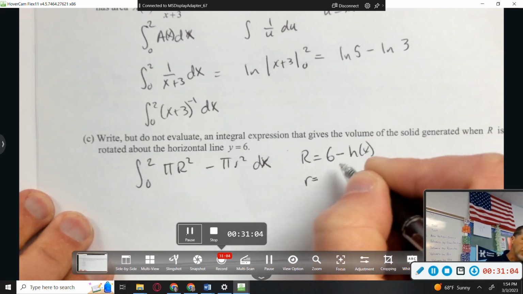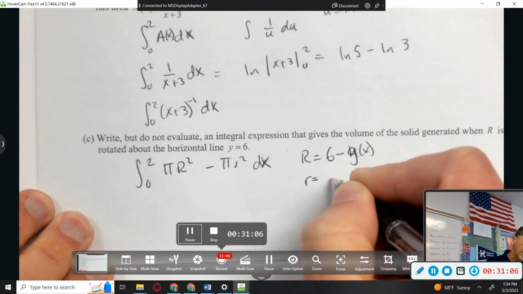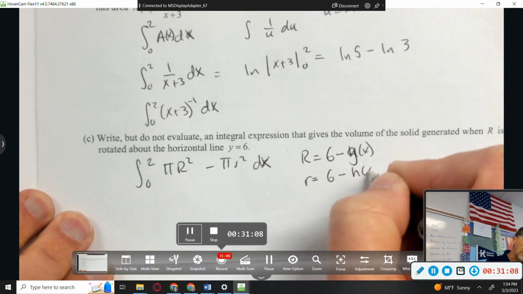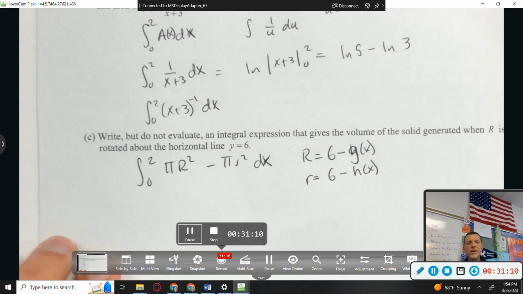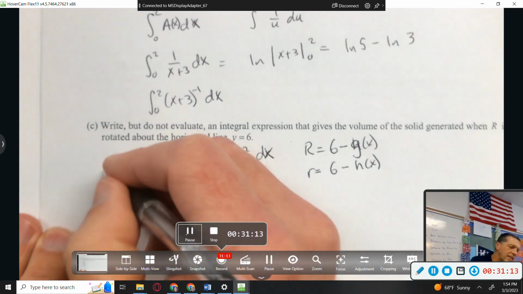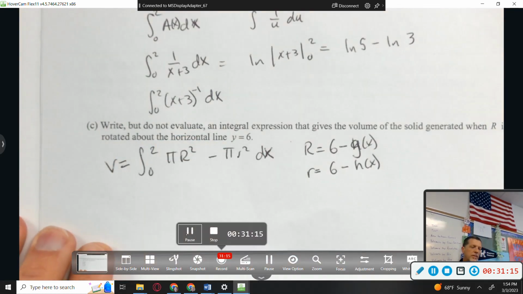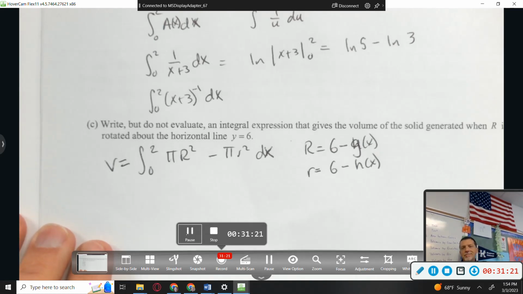Big R would be to the bottom one, little r would be to the top one, inside radius versus the outside radius. And I think that would count, because everything is already labeled, and you'd be ready to plug it in. It didn't say plug it in, it said write it, but don't evaluate.